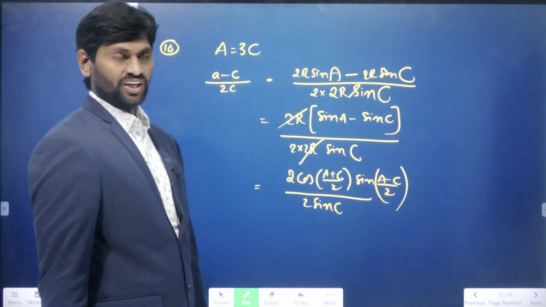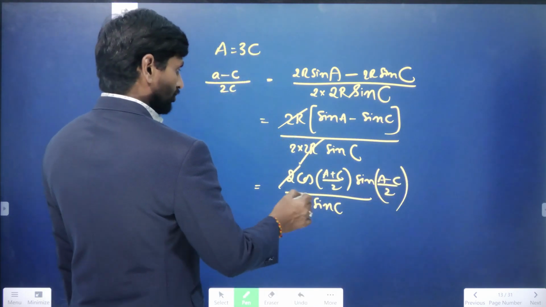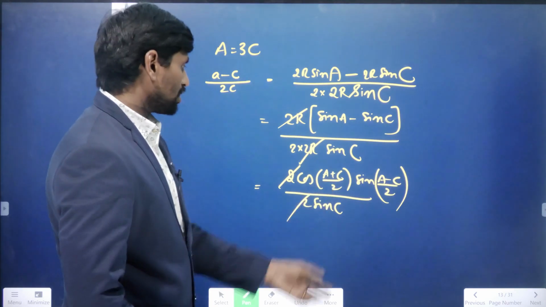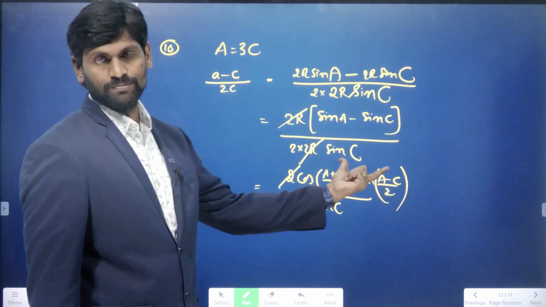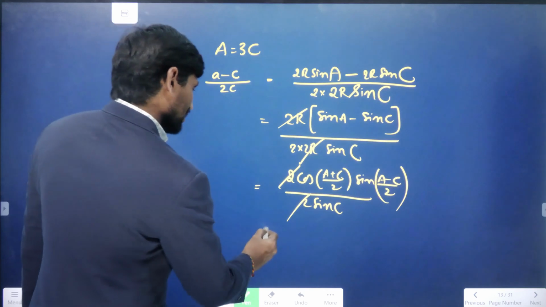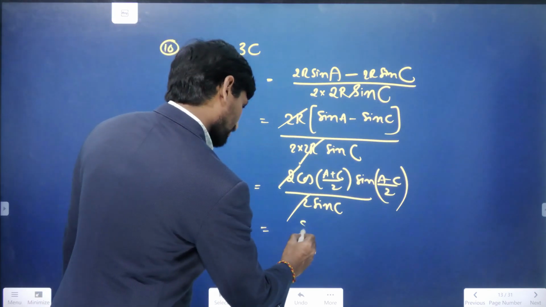Okay? So from this numerator 2, denominator 2 can be cancelled. cos A plus C by 2. In the place of A plus C, I can write 180 minus B. 180 minus B by 2 means 90 minus B by 2. Cos 90 minus it is sin. This will be sin B by 2.